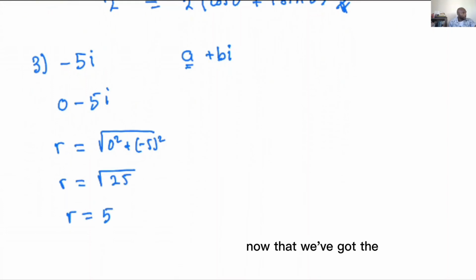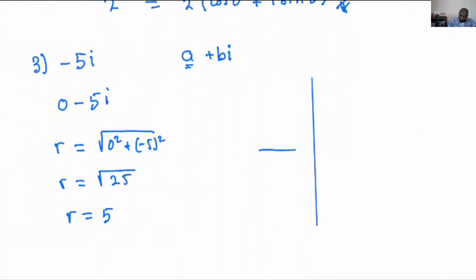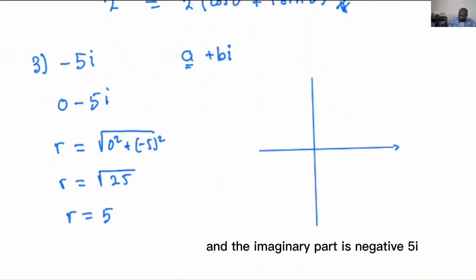Now that we've got the value of r, let us find the argument. Now to find the argument, let us draw our diagram right here. So since the real part is 0 and the imaginary part is negative 5i, it has to be on our imaginary axis.